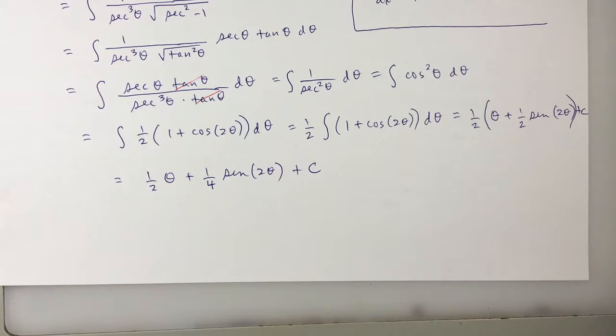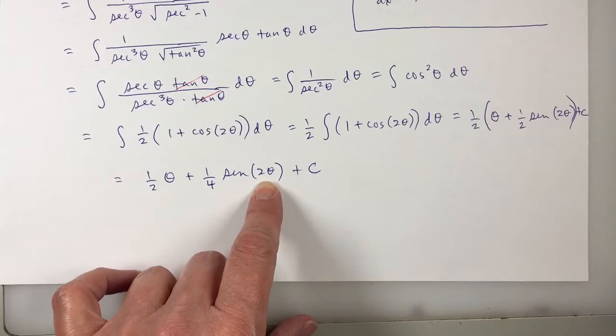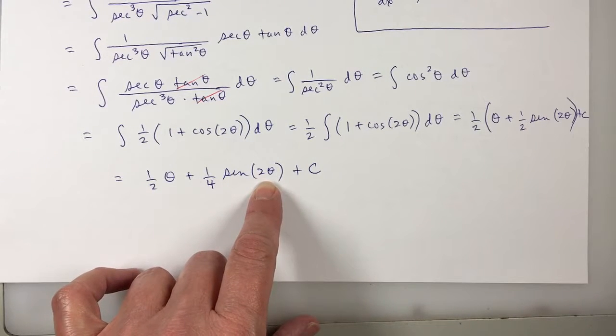Now, this is why I picked out this problem, because of the very next step. I have got to go back to x. And this sine 2 theta could be a little bit of a troublemaker. You got to know what to do with sine 2 theta right here.